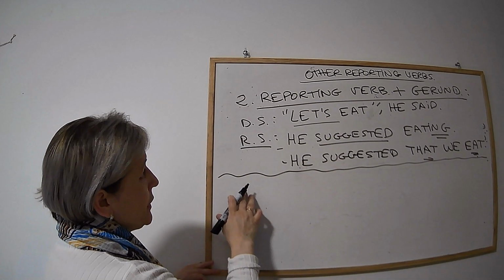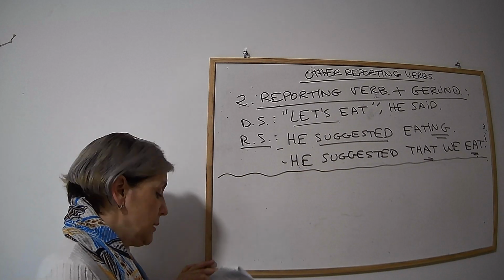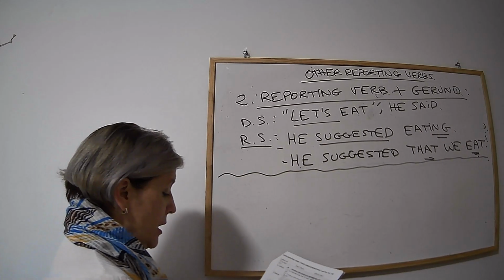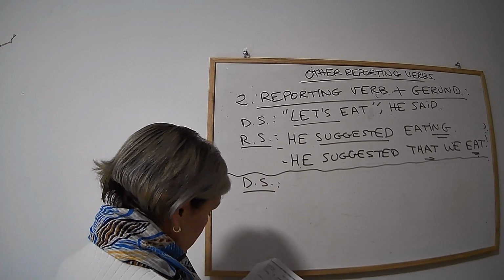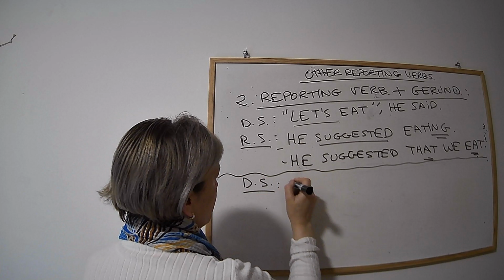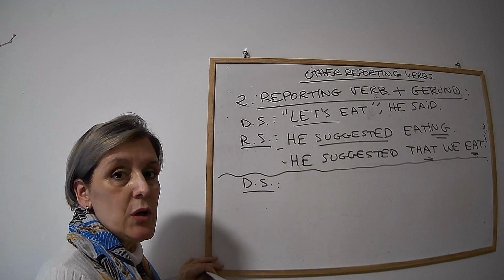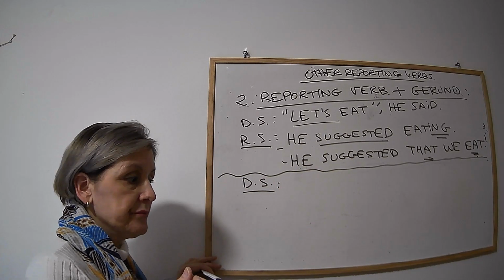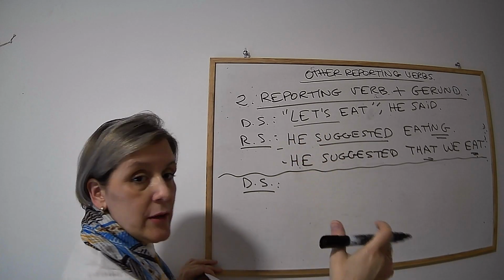Also for when you make a recommendation about something, for example, it is like a recommendation, similar to should or had better or ought to, also let's or why don't we.